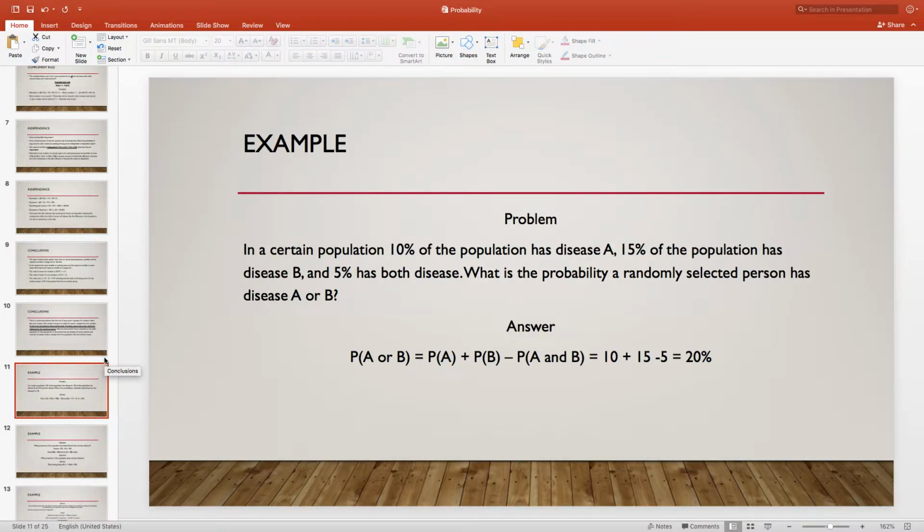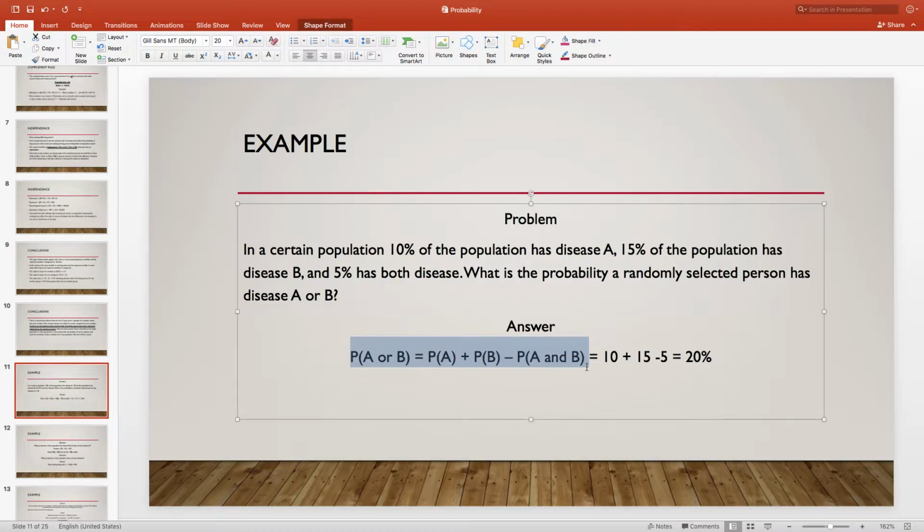Okay, so here's an example. In a certain population, 10% of the population has disease A, 15% has disease B, and 5% has both. What is the probability a randomly selected person in this population has disease A or B? Well, that "or" should indicate that you use the general addition rule.